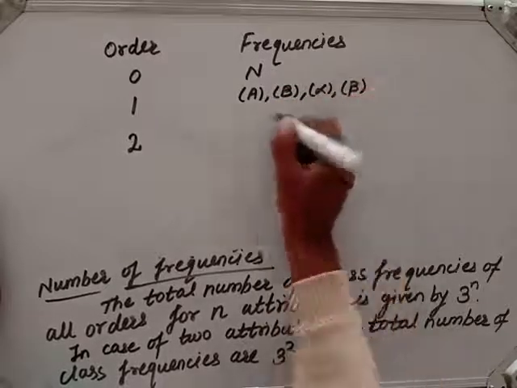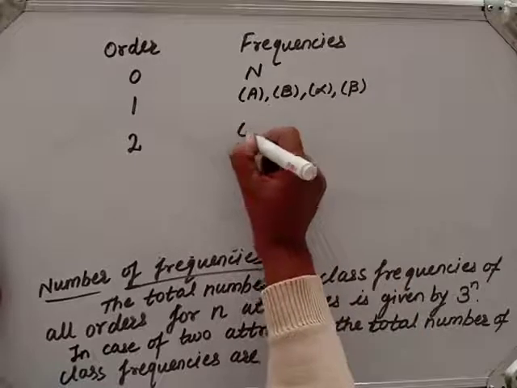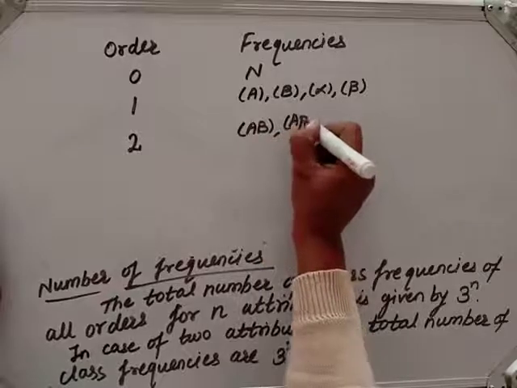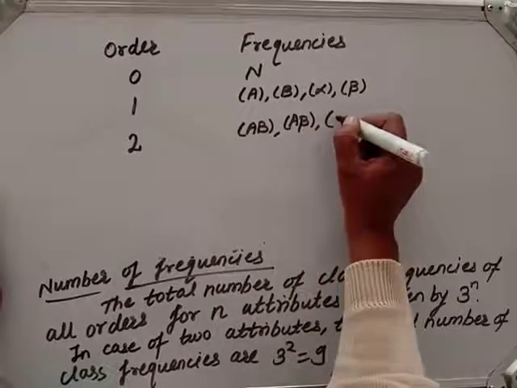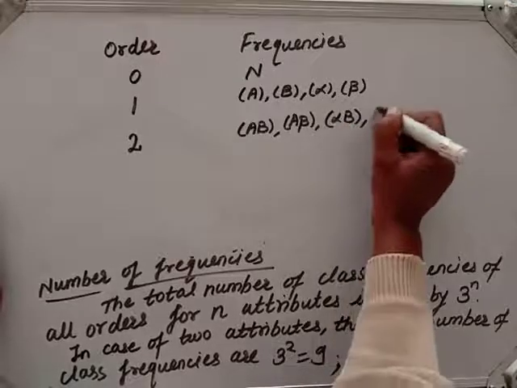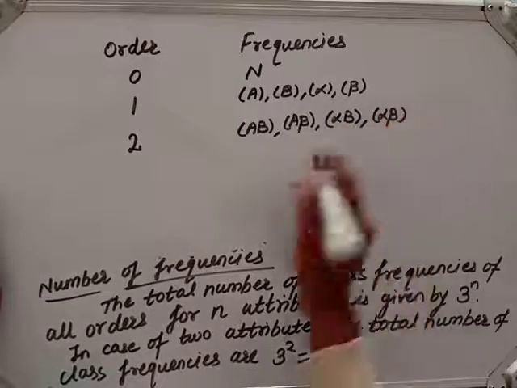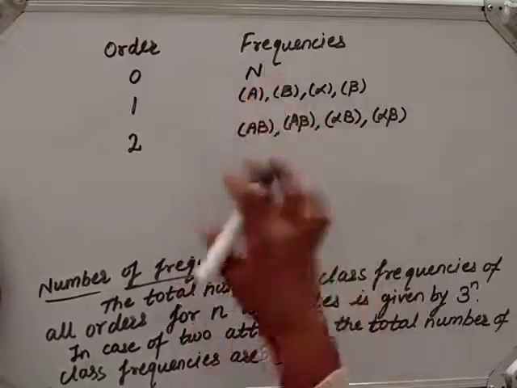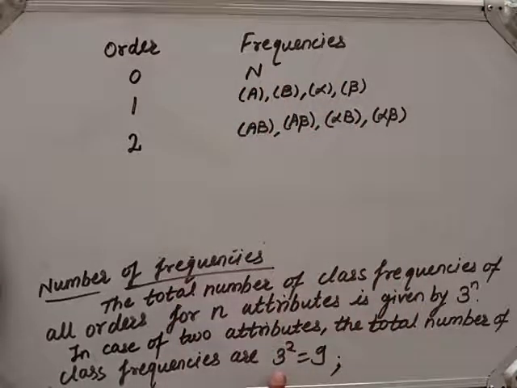And for the combinations: AB, A beta, alpha B and alpha beta. So 4, 8 and 1, 9. Total frequencies are 3 square, that is 9.